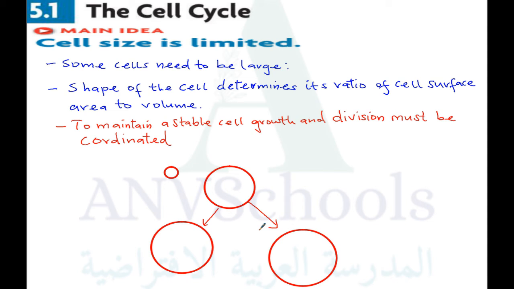So if this happens each generation, cells would quickly become too large to live.